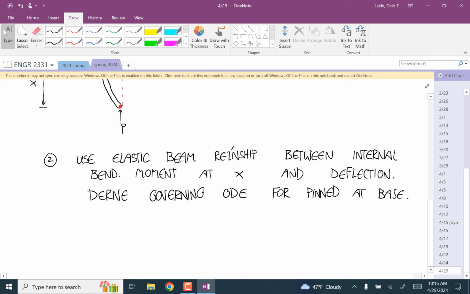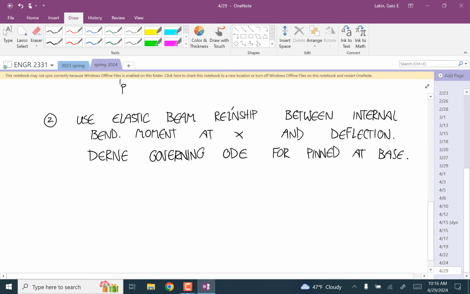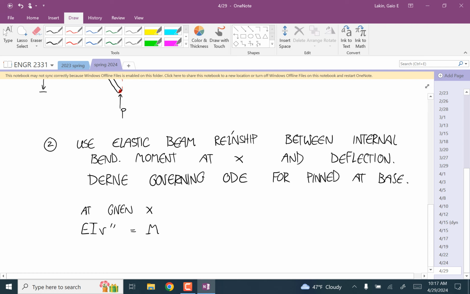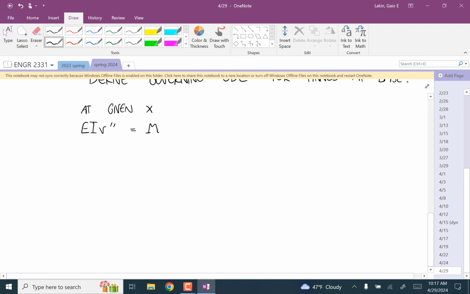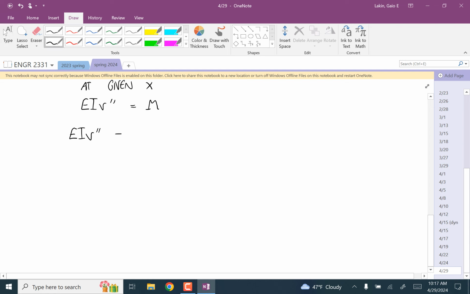Okay, so what we know is that at a given x, E, I, V double prime is equal to M. So now we can substitute that in here, and we have E, I, V double prime plus PV is equal to 0.